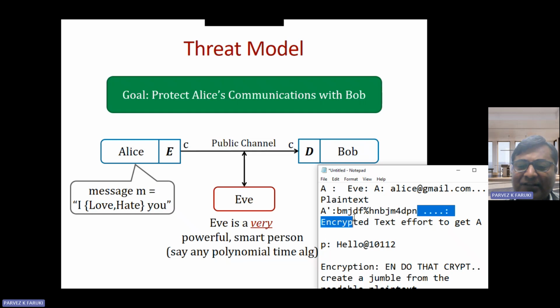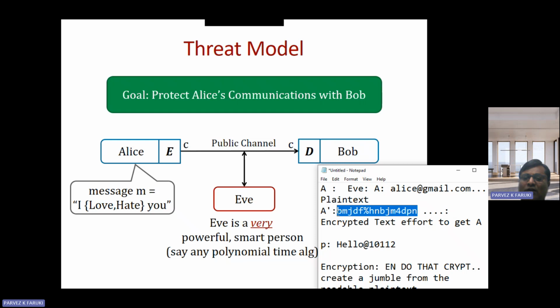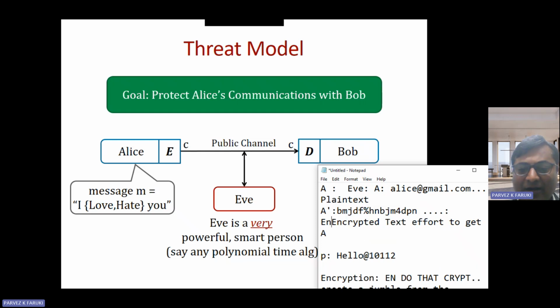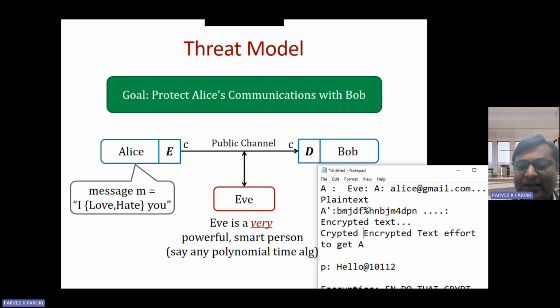I'm just giving a simple example. In case of A, when I run an encryption algorithm and get this here, before it is moved to the public channel, it is called either encrypted text or crypted text, whatever you are comfortable with. So the content has got encrypted. Now, what is the advantage?